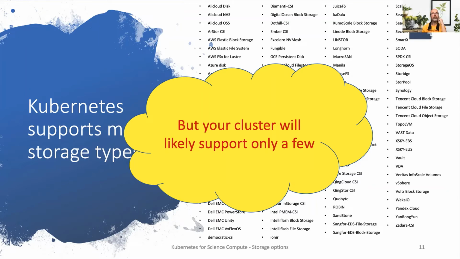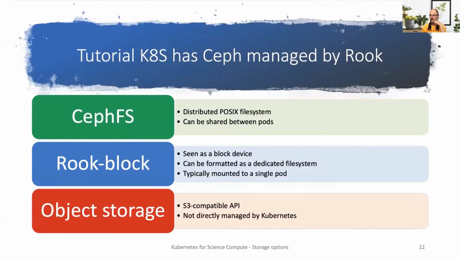So in our tutorial cluster, we have a Ceph file system, which is managed by Rook. And it comes in 3 flavors. That is the CephFS, which is a proper distributed POSIX file system, and as any proper distributed POSIX file system, it can be shared between many pods.